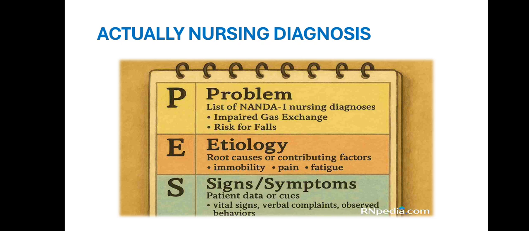So what are these actual nursing diagnoses? We are saying that the nursing diagnosis has 3 components: problem, etiology, and signs and symptoms, that is evidence. It will always have a problem, it will always have a cause, that is etiology, and it will always have evidence.